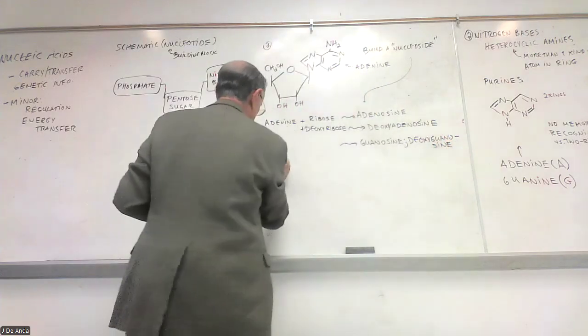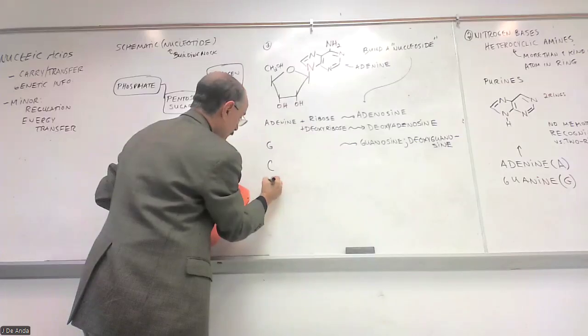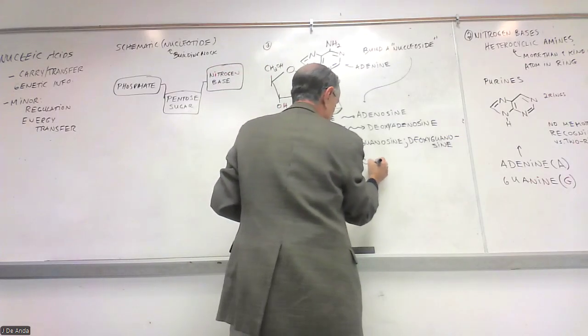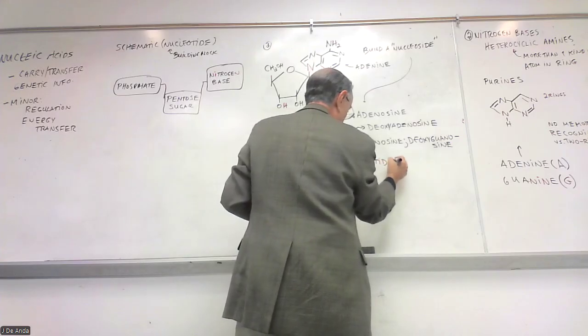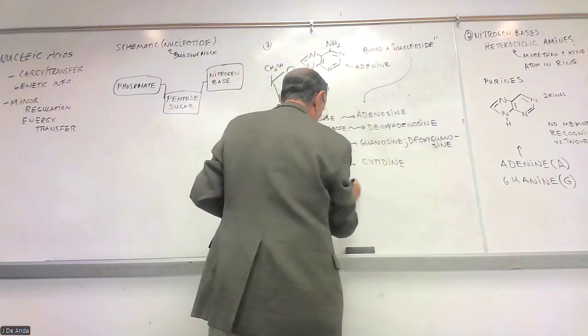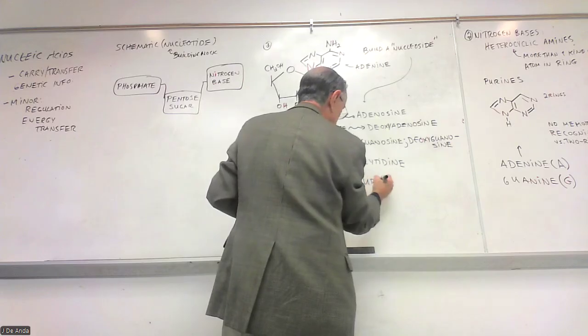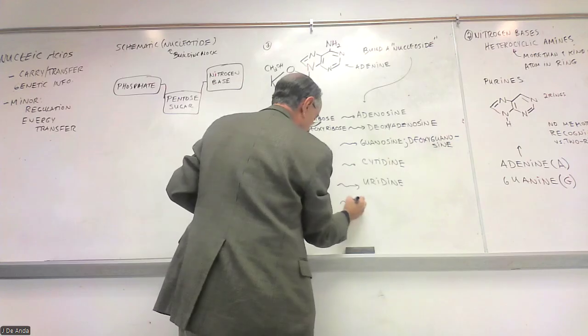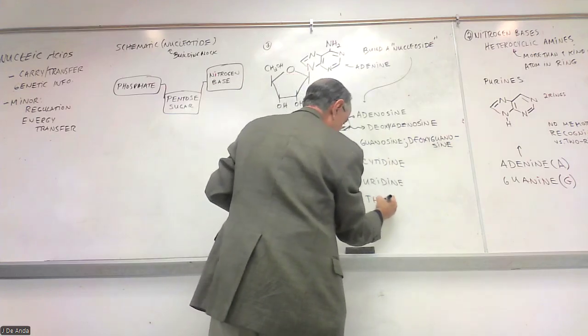Now we can do the other ones. Let's say C, U, and T. So C becomes cytidine. Uracil becomes uridine. T becomes thymidine.